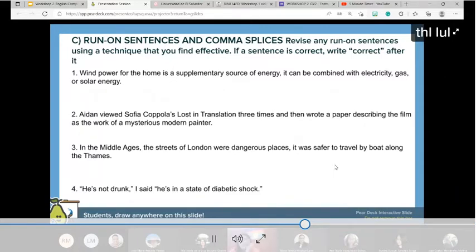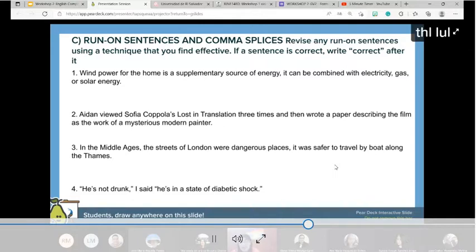So I would say, like, in the Middle Ages, the streets of London were dangerous places, so it was safer to travel by boat along the Thames, something like that. Maybe, or it can be a comma splice, just adding a semicolon and instead, it was safe. Okay, or we can say this: in the Middle Ages, when the streets of London were dangerous places, it was safer to travel by boat along the Thames.